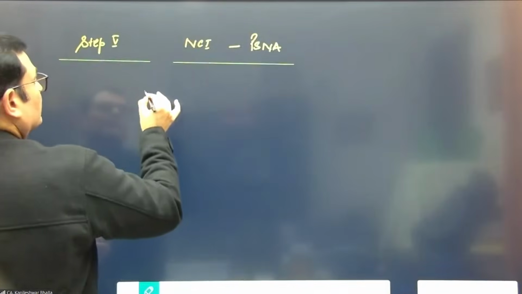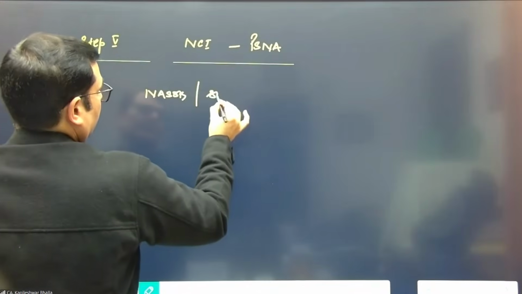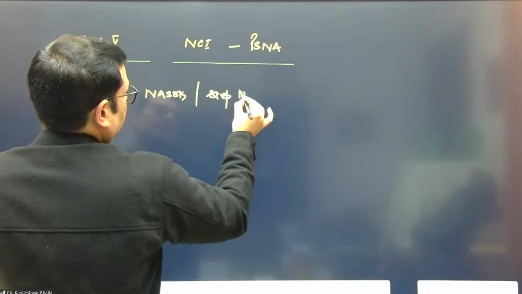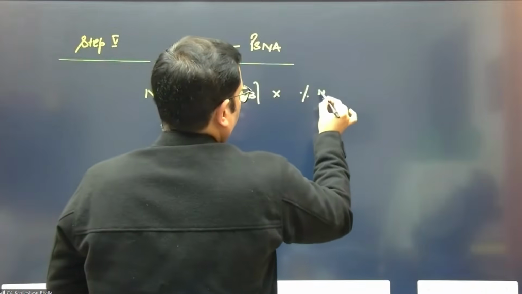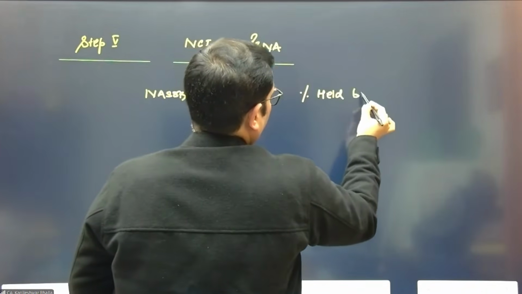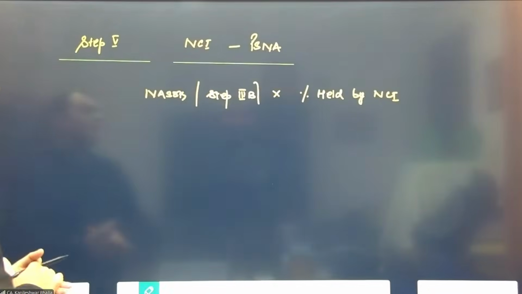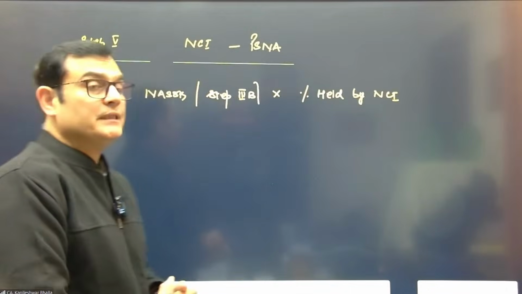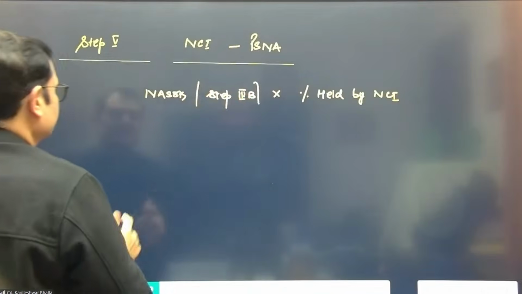So let's see what is the status of the net assets in step number 3B. This amount in step number 3B is going to be multiplied with the percentage held by NCI. That's supposed to be 30% because 70% is held by the investor, that is professional. The remaining 30% is with the NCI.